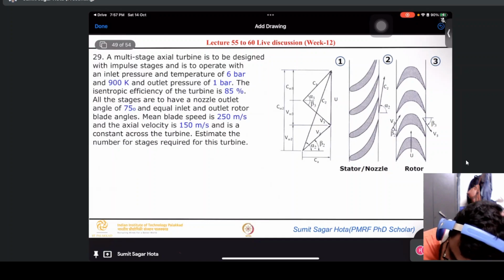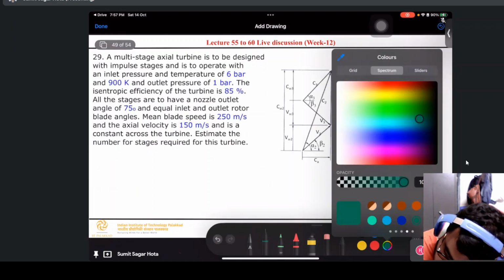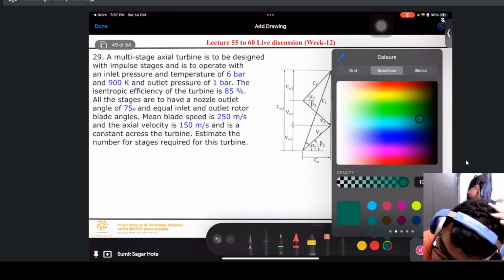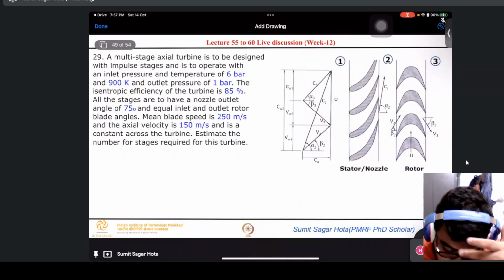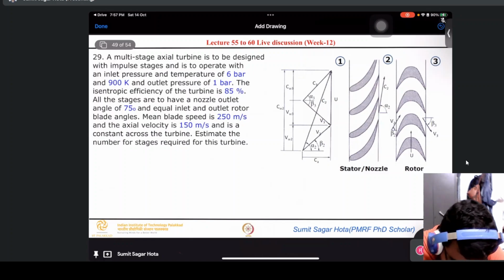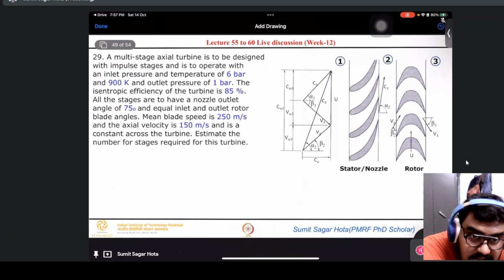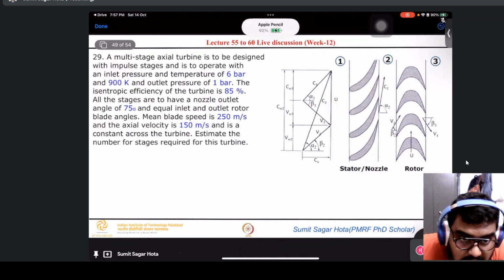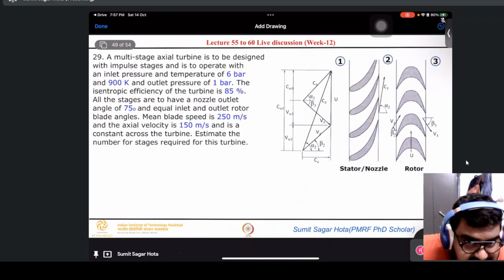Okay, let's go to the next question. A multi-stage axial turbine with impulse stages operates with an inlet pressure and temperature of 6 bar and 900 Kelvin and an outlet pressure of 1 bar.